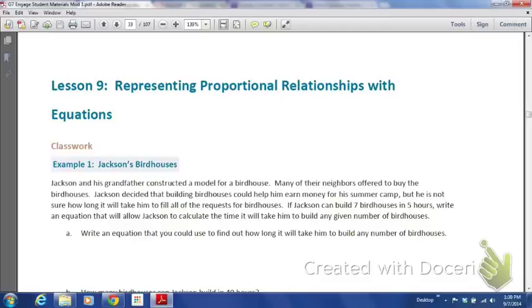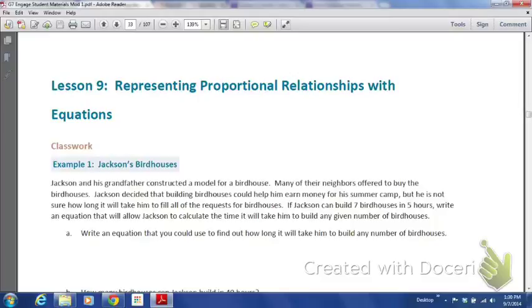Okay, welcome to lesson 9, more representing proportional relationships with equations. Some of the things I'd like you to continue to come away with concerning the constant of proportionality is that you use that constant to represent proportional relationships by equations in real-world contexts.